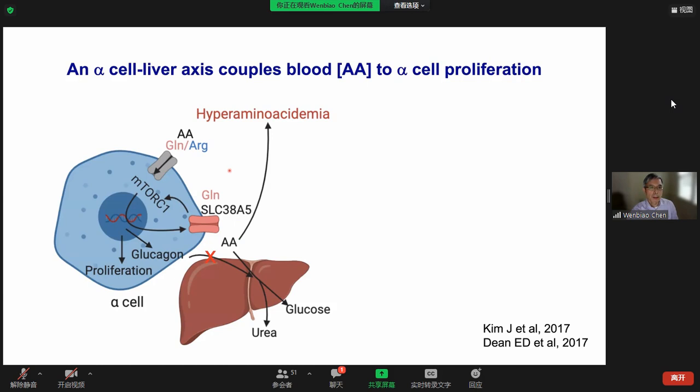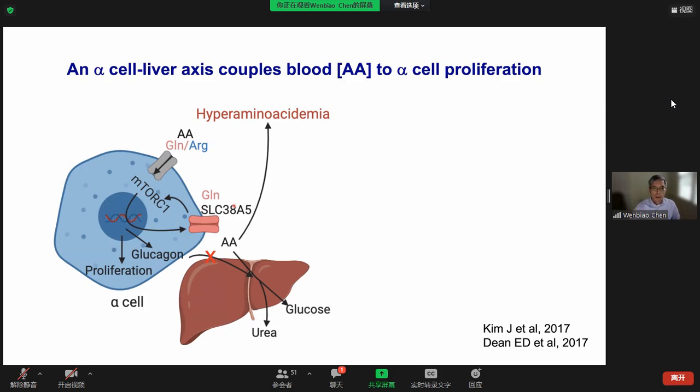And for reasons we are still trying to understand, the pancreatic alpha cells are very sensitive to the blood amino acids. And this amino acid signal leads to activation of mTOR, presumably through amino acid transporters. Activation of mTOR then induces another amino acid transporter, a glutamine transporter SLC38A5, and this positive feedback drives both alpha cell proliferation and glucagon secretion.